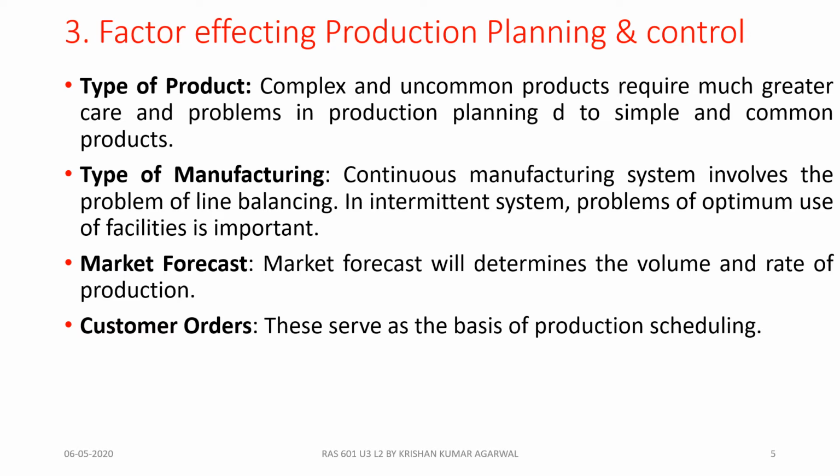The factors may be the nature of the product, the type of manufacturing process, the market and the demand for the product in the market, customer orders, etc. Basically, some of these factors are influenced by and depend on the internal environment, whereas some other factors are taken from the external environment. All external as well as internal factors affect production planning as well as control.